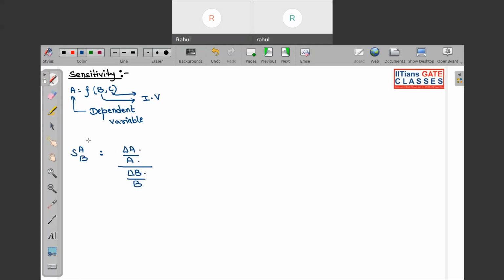That is known as the sensitivity of this function A with respect to B.